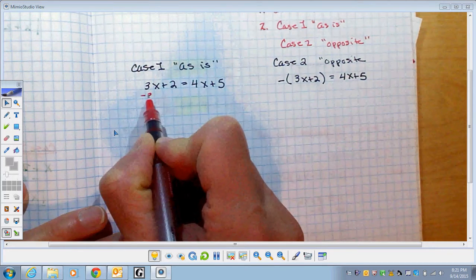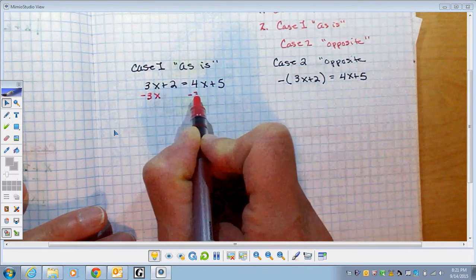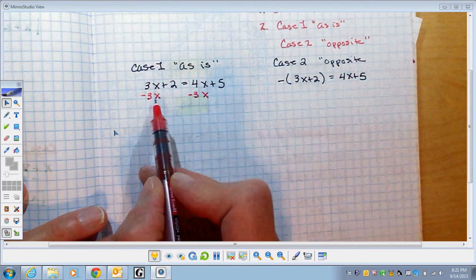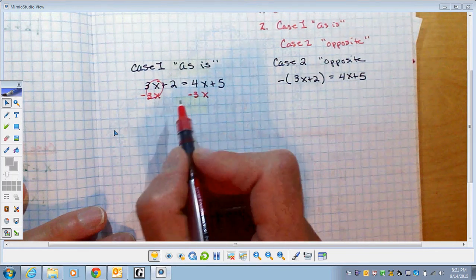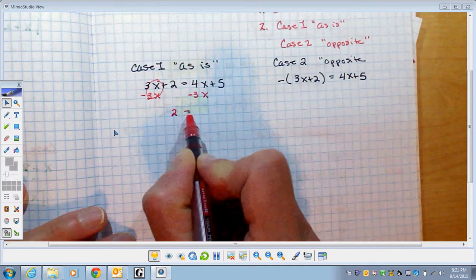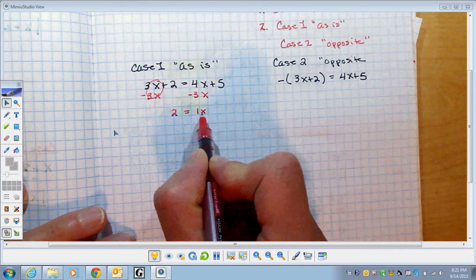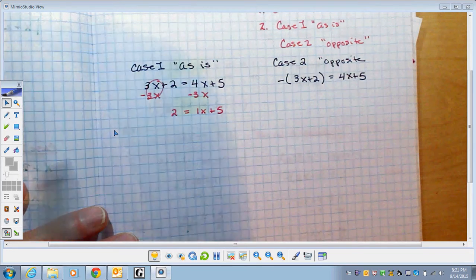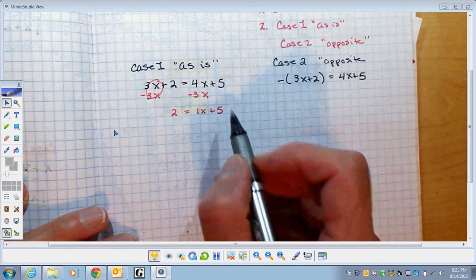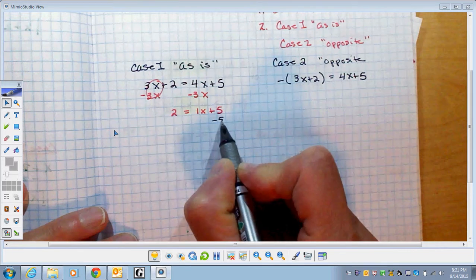So let's subtract 3x from the left. Remember, that turns into a 0. So then I'm left with 2x equals 1x plus 5. Okay, so I'm down to 1x. Let's get this 5 over to where the 2 is.